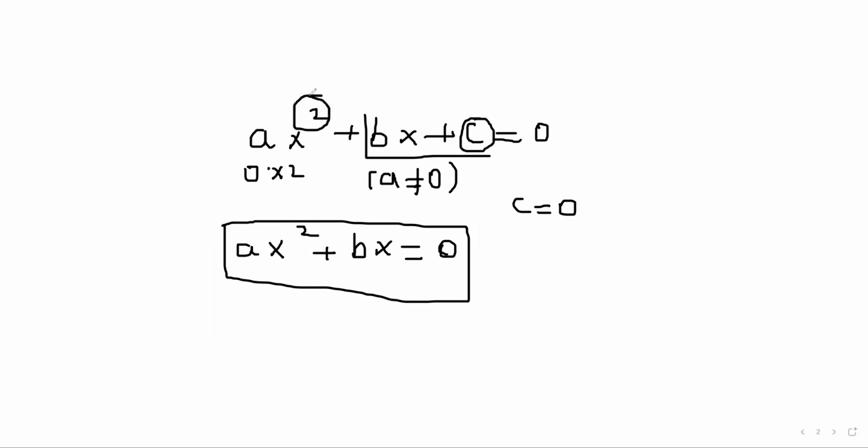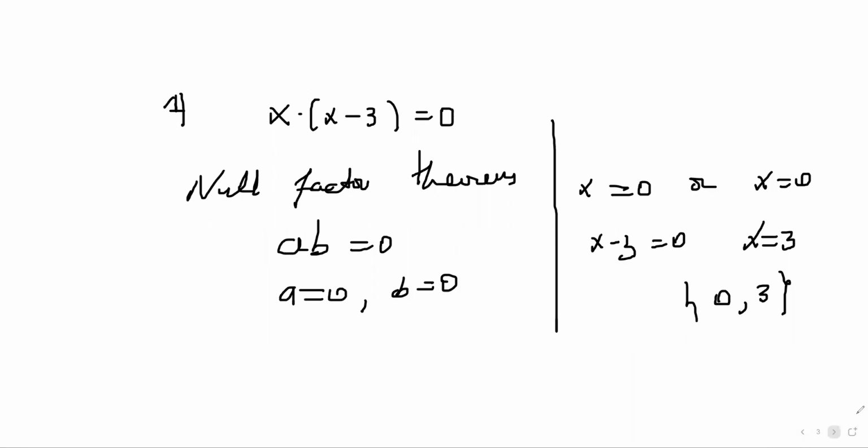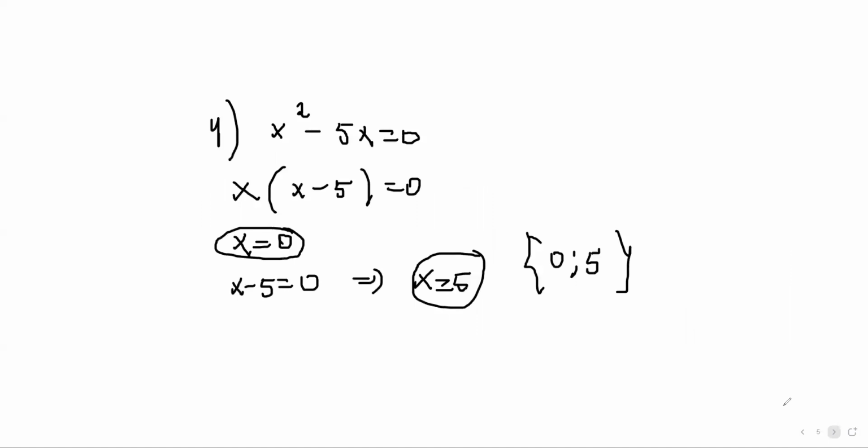It's something that we should mention all the time. It should have the highest degree 2, so that's why it's called a quadratic equation. And also we said that there are incomplete equations which require the null factor theorem to solve. We mentioned this theorem, and also some easy examples.